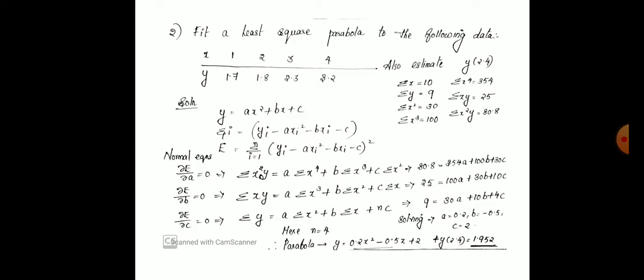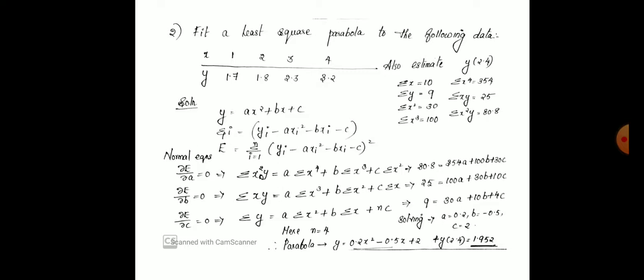Let epsilon i, that is the error, be equal to yi minus axi square minus bxi minus c. And the sum of the squares of errors is capital E equal to sigma i is equal to 1 to n of yi minus axi square minus bxi minus c the whole square. Here the number of observations is 4, therefore n is equal to 4.